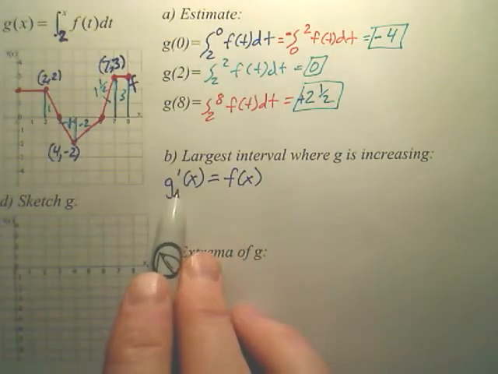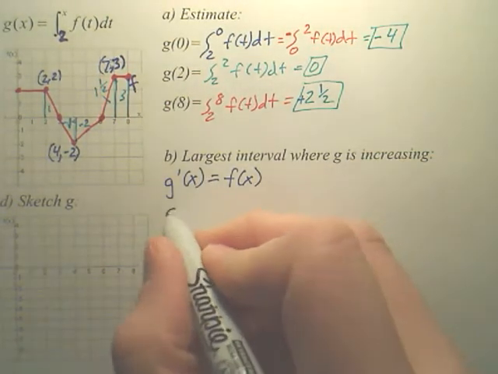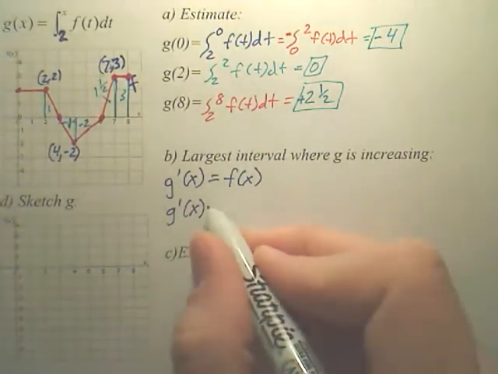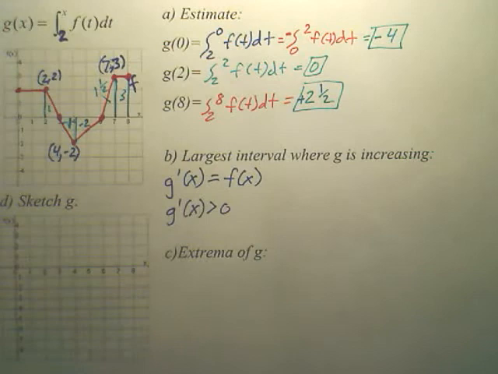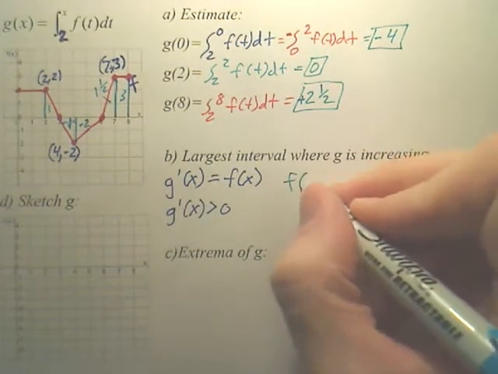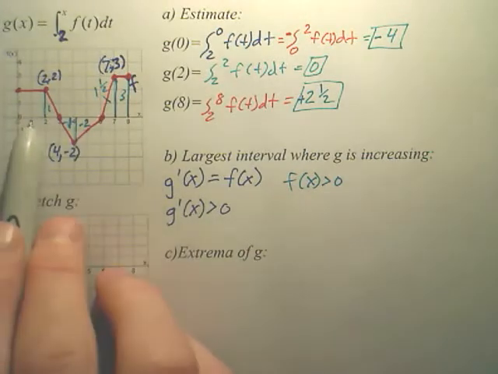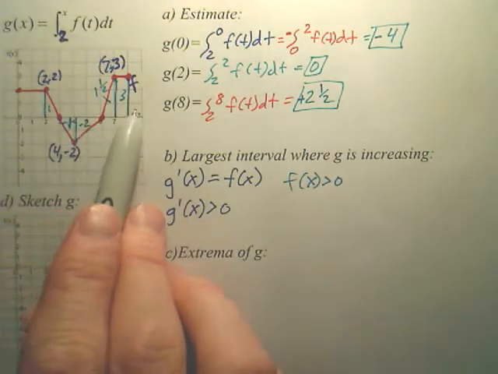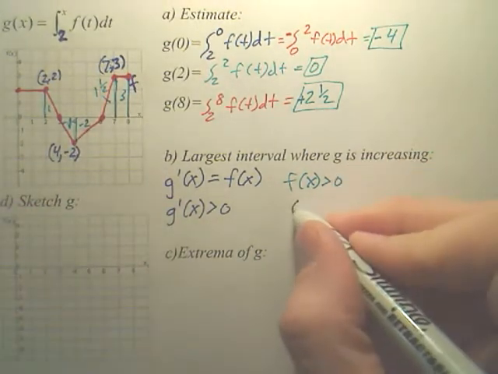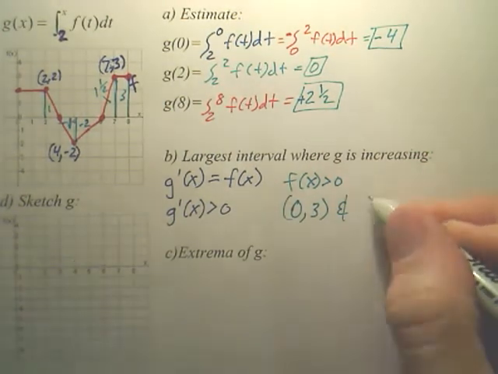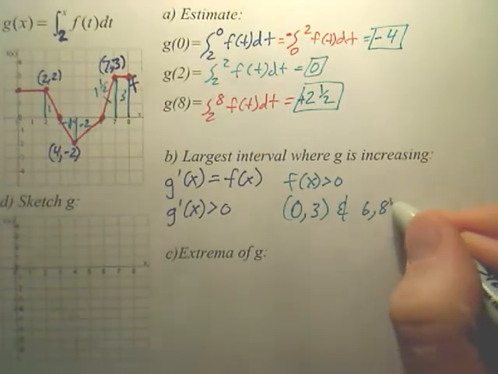So where does g prime of x, where is it increasing, meaning greater than 0? Doesn't that basically mean I want to know where f of x is greater than 0? Well, look at the function. It would be on the intervals 0 to 3 and from 6 to 8.